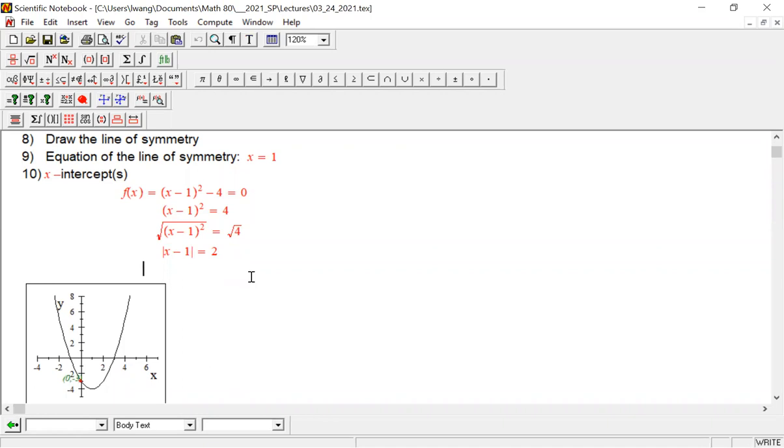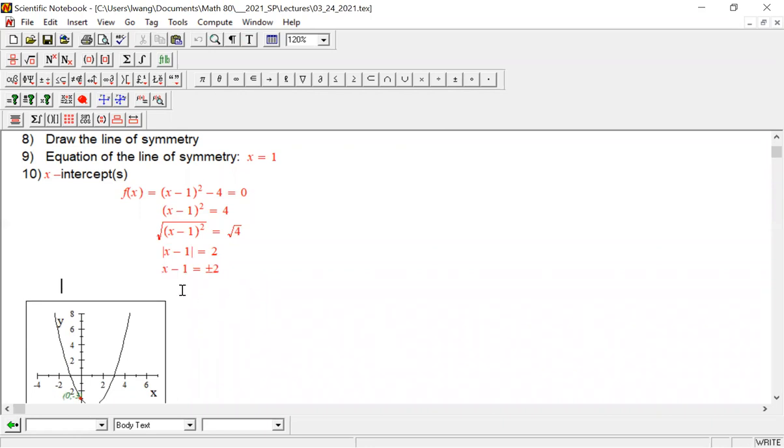And then, sometimes we like to do this, x minus 1 equals plus minus 2, plus 2 or minus 2. But this really means that you have two x values, okay? Maybe x1 is equal to -1 minus 2, and the other one, connected by or, x equals -1 plus 2.